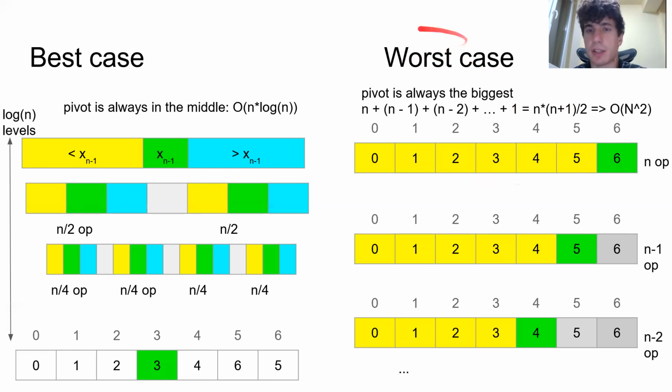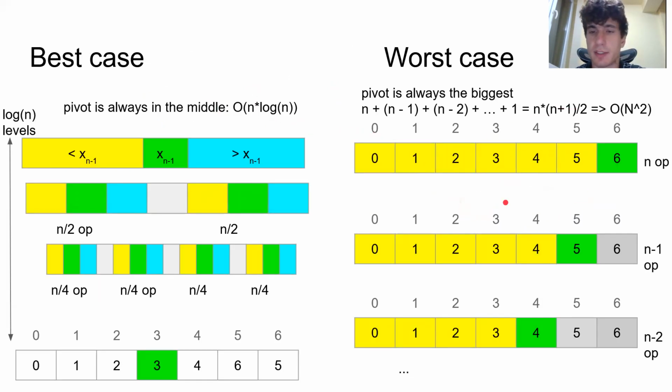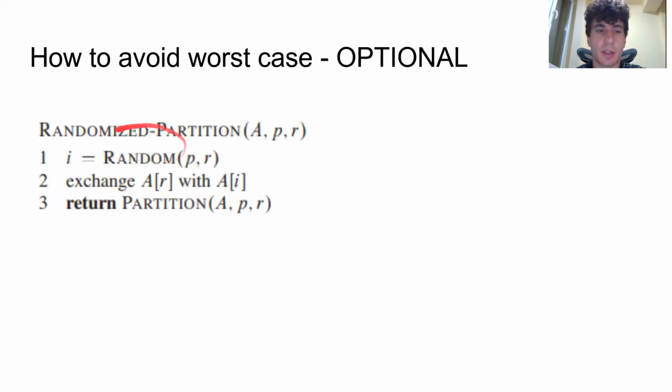That doesn't mean that there won't be a worst case. I mean, if you're very, very unlucky, the random will be very bad. But in general, there are very small chances that you will get the worst case with a random pivot. But this is optional. You don't have to implement it. You can just ignore it.